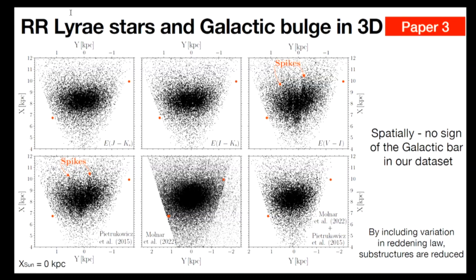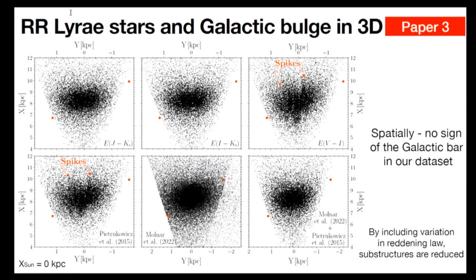If you just imagine, I didn't want to draw it there, it's kind of like a line, that's where you should see the tilt, the angle for the Milky Way bar. And in the infrared passbands and the partially infrared passband, we don't see that. But once I go to the visual, I start seeing a tilt. There's a mild inclination angle, and I also start seeing these little substructures.